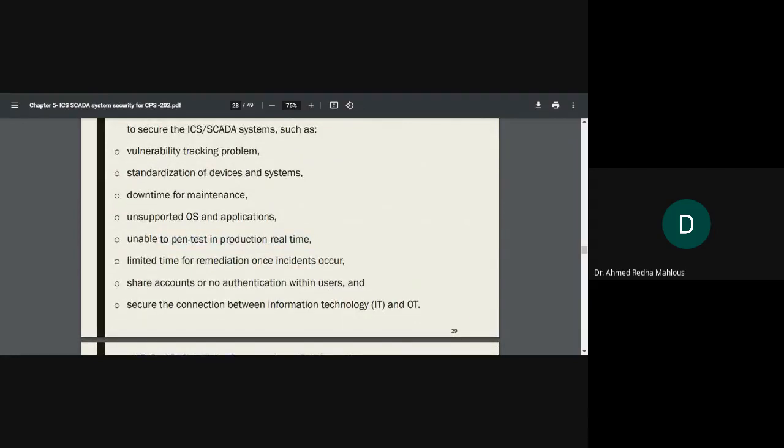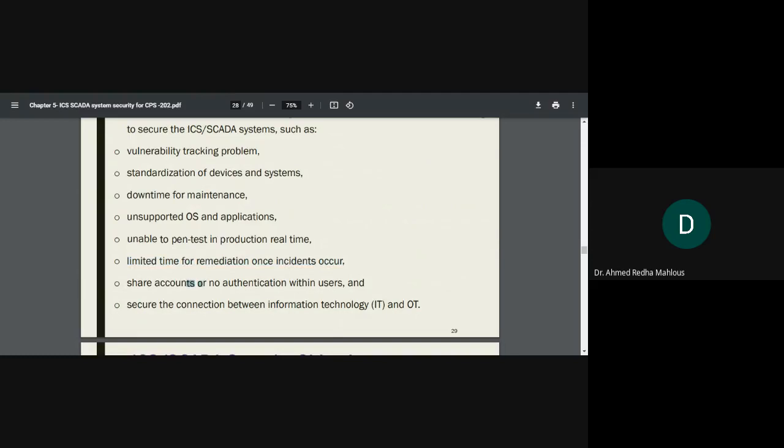Sometimes you don't have enough time to remediate against any incident that can happen. For instance, you discover that you are under a DOS attack, and you don't have enough time to take appropriate action to defend against it, because of the sensitivity of the environment you are working in.